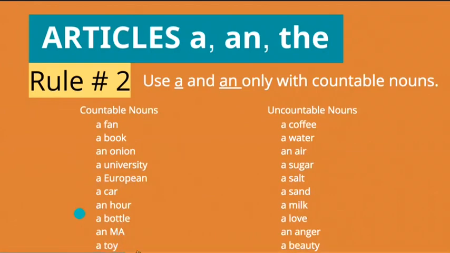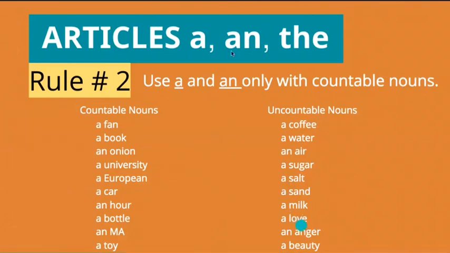Okay, so these are definitely countable nouns, that's why we have a and an. In this part, these are uncountable nouns. So we cannot use a and an.